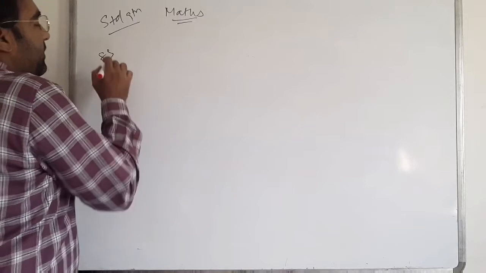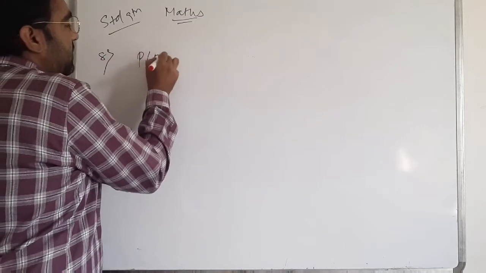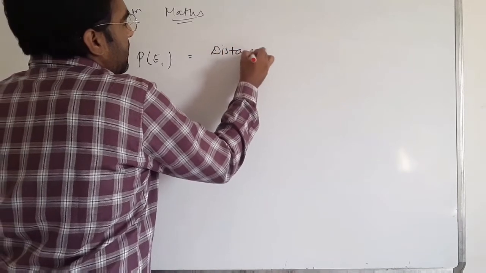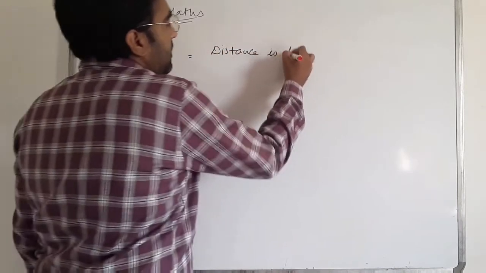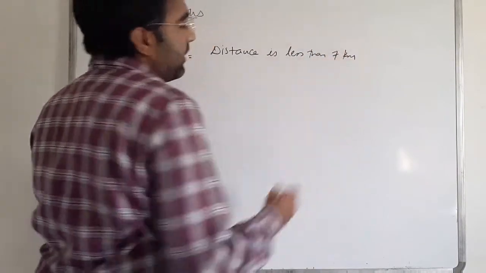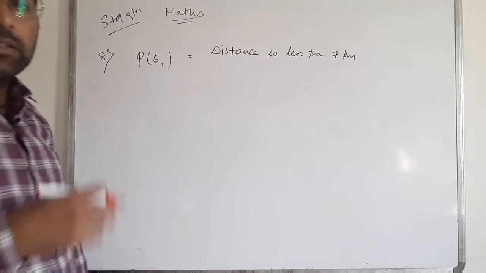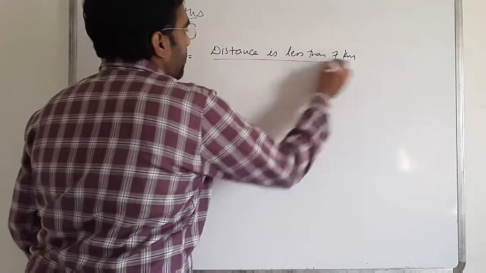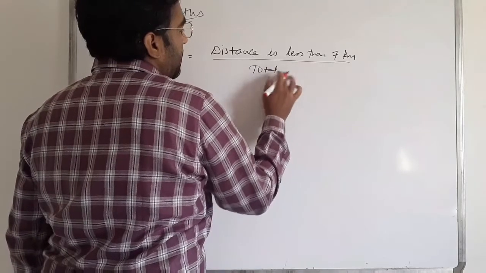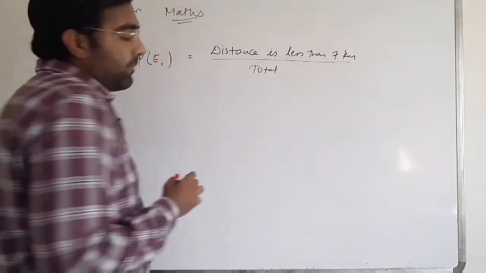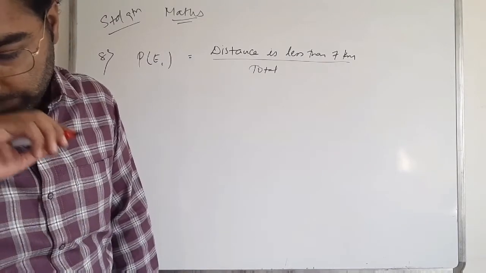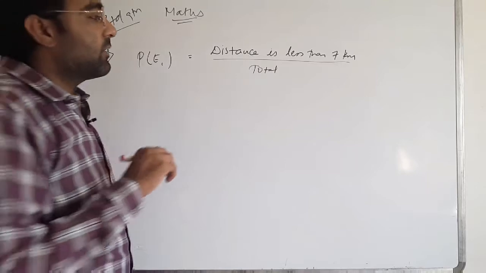So here we have to find P of E1, that is the distance is less than 7 km upon the total number of engineers.